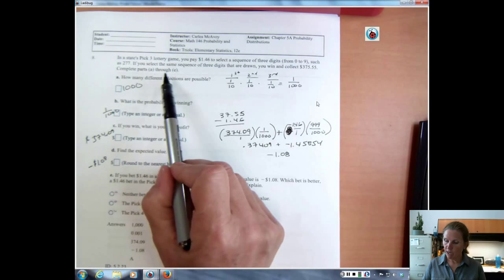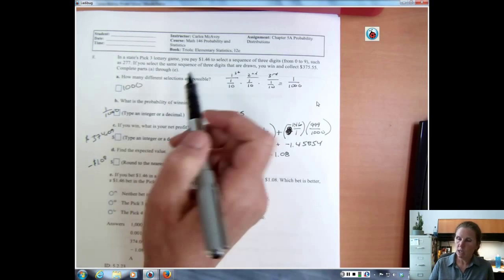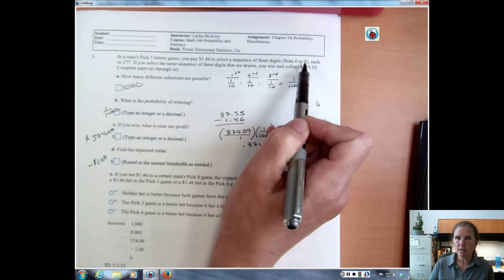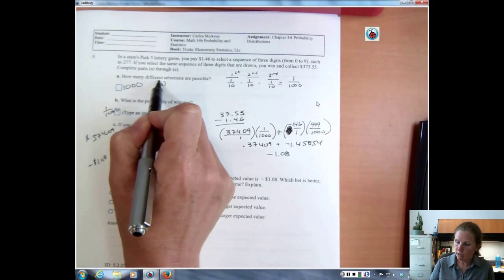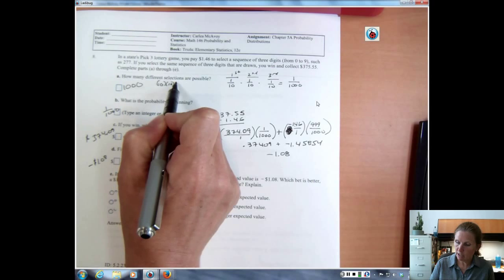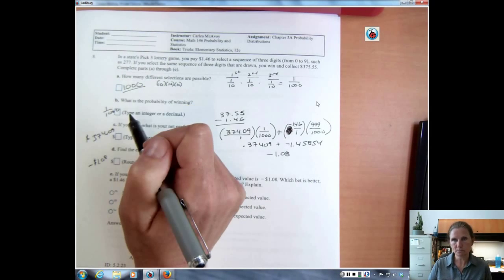Complete parts A through E. How many different selections are possible? When you have 0 through 9, that's 10 different ways to pick a number, and you're picking 3, so you have 10 times 10 times 10, or 10 to the 3rd power, which is 1,000.